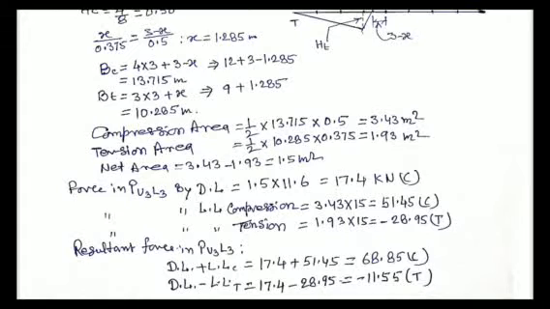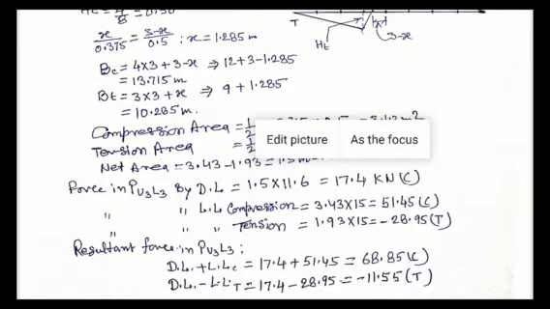So force in member PU3L3 by dead load is 1.5 into 11.6, which is equal to 17.4 kilonewton, which is of compressive nature.